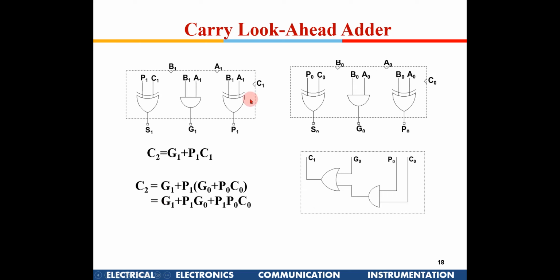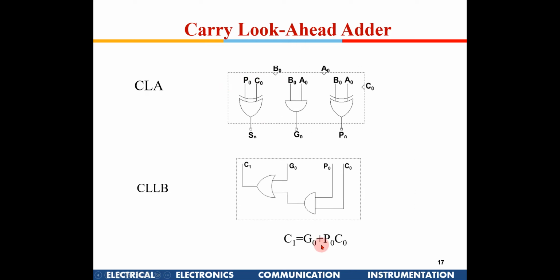Okay. Now for 2 bits what do I do, right? Now here if I try to write the carry expression, if A1 and B1, this is the next significant bit, if A1 and B1 is there, then I have to straight away generate carry. Or if one of them is 1 and there is a carry which is coming from the previous stage, okay. So this is the carry which is coming from the previous stage. And now this carry, from our previous example, we wrote as G0 plus P0 C0.